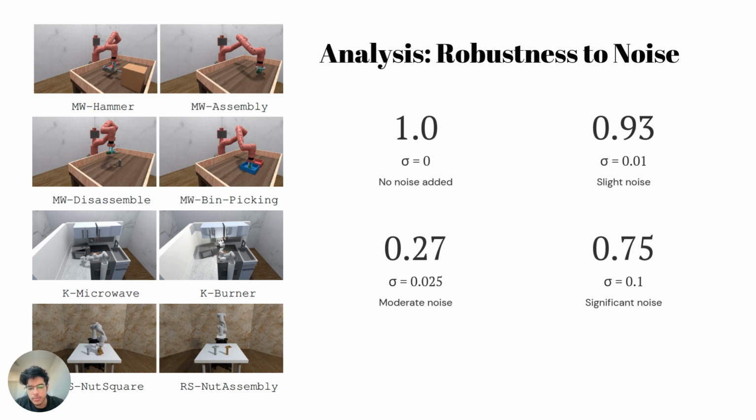However, at extreme noise levels like 0.5, performance dropped to 0%. For comparison, SECAN saw a much sharper decline, dropping to just 27% success at only 0.02 noise.